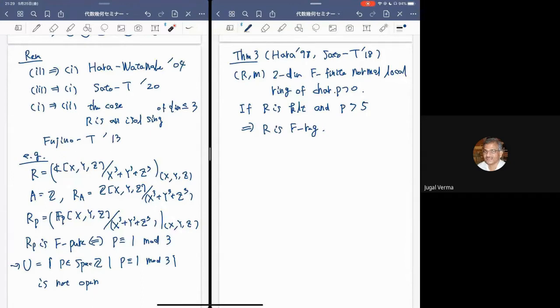So in dimension 2, whatever the ring is, if the characteristic is greater than 5, then the KLT condition implies F-regularity.